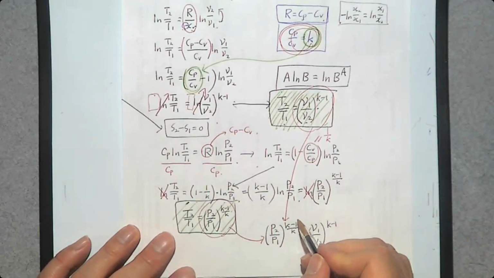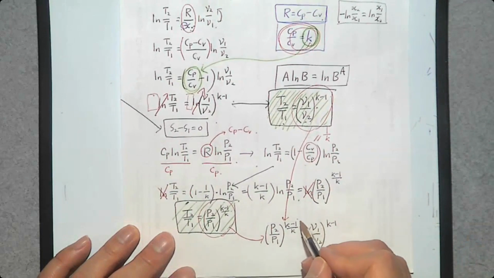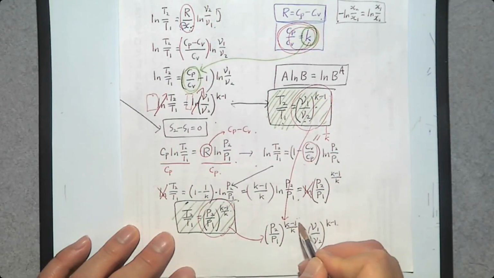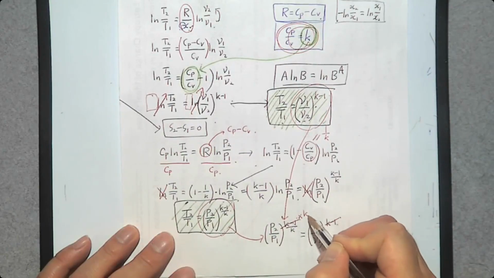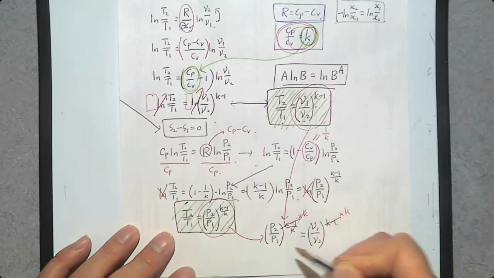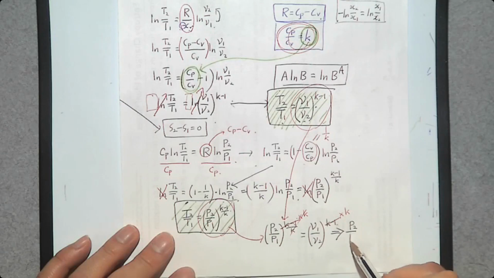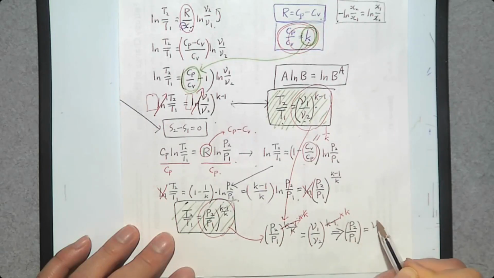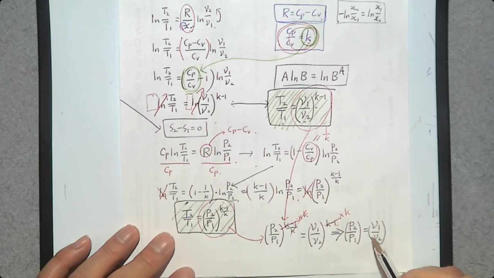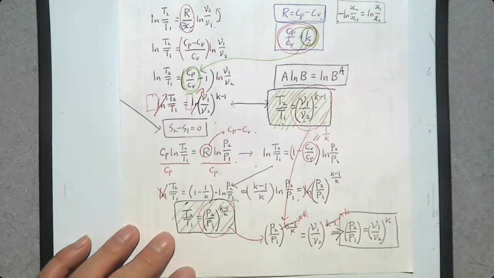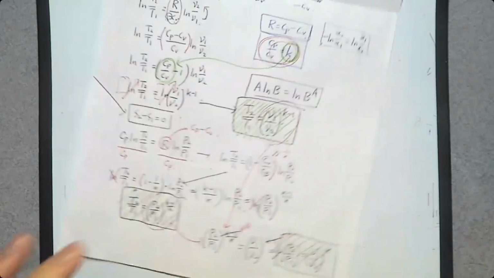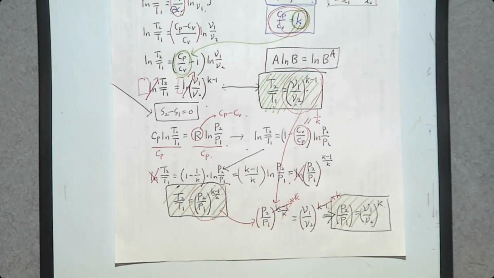Then we have a kappa minus 1 here, kappa minus 1 here, so you can get rid of them and multiply by kappa. Then what do you get? P2 over P1 is V1 over V2 to the power kappa. So, 1, 2, 3: the temperature, pressure, volume relations for an isentropic process.